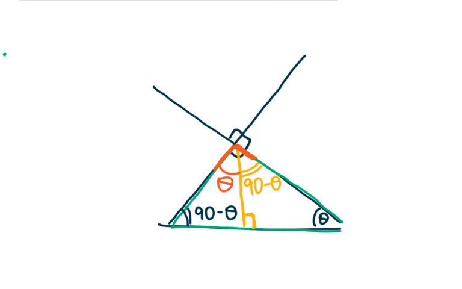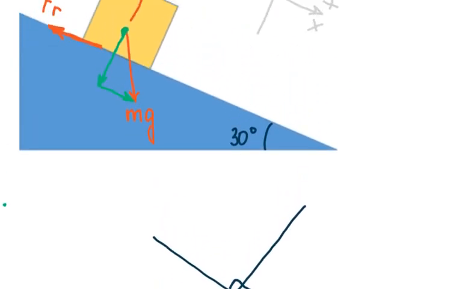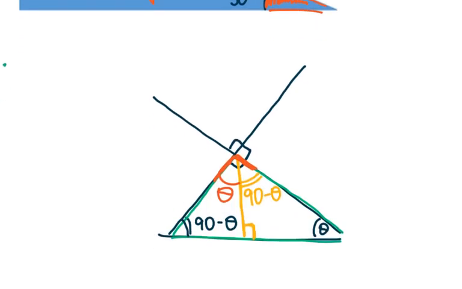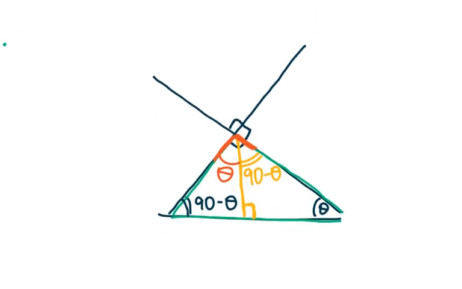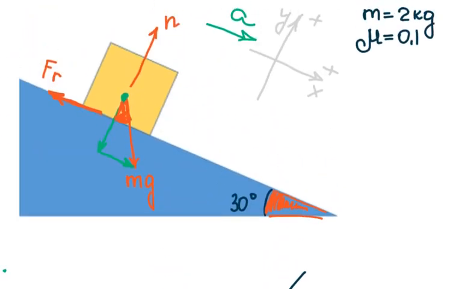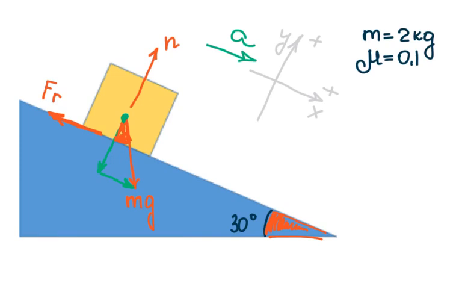So now if I come back to this problem, this angle is theta. So this is 30 and that is 30. So these two angles are 30. You see, this is the same angle as that one. So now I know where my angle is.